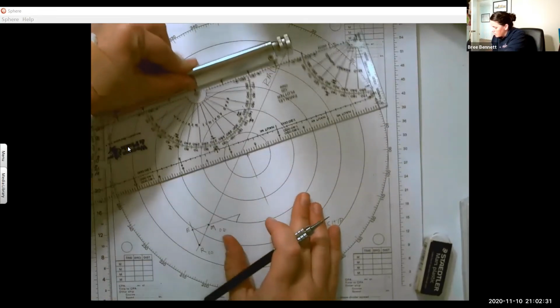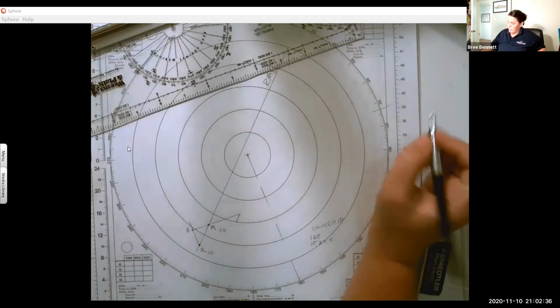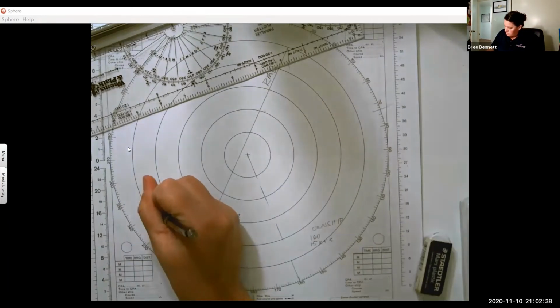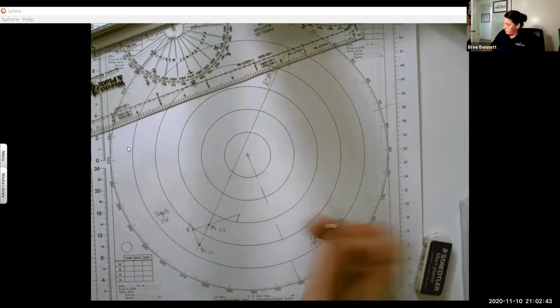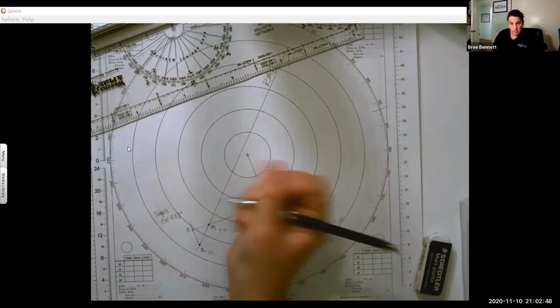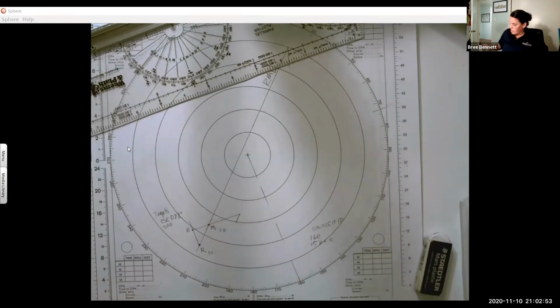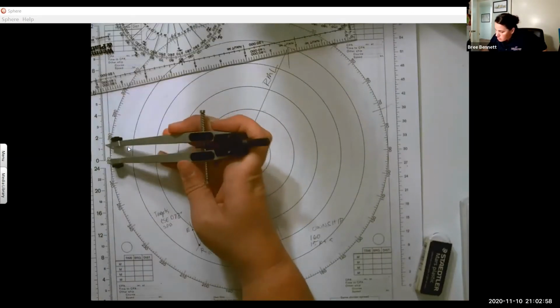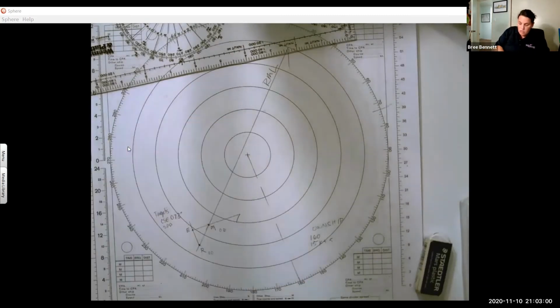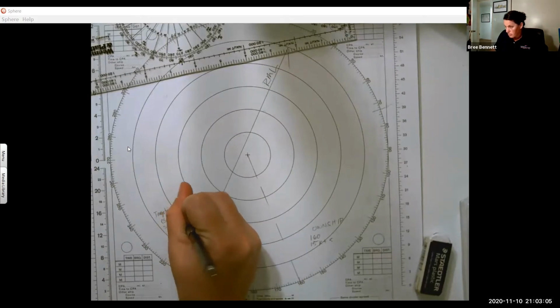Parallel this up to the center. So I get the target's course was 0.73 and the target speed is 15 knots.